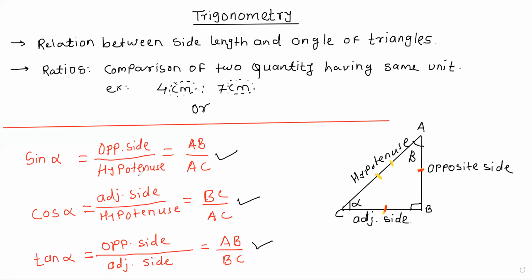Next we are going to compare in reciprocal form, or we can say in reverse form. As we have seen in the earlier example, if you want to write these two numbers as a ratio, we can compare them as 4 is to 7, or 7 is to 4.